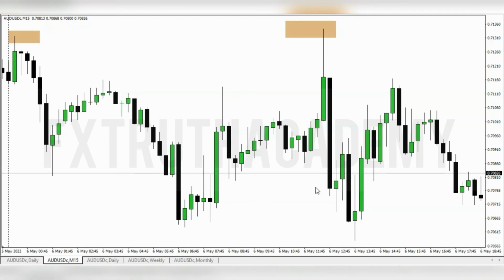But first, you want to see manipulation in price, and that manipulation must end at an institutional reference point. In this case, we have it end at a high, a liquidity pool, just above this region right here, and that's what we saw. So they manipulate price to that place. Once you see that, that's another confirmation.